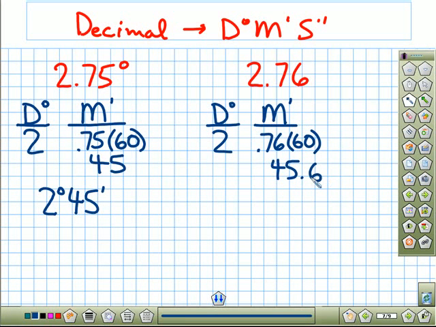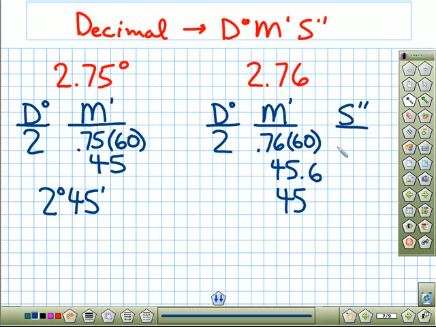Okay. Now, notice I've got 45 whole minutes, and then I've got a fraction more. Well, 0.6. I want to figure out how many seconds that is. I've got 45 whole minutes and then a fraction more in seconds. So let's figure out how many seconds we have.